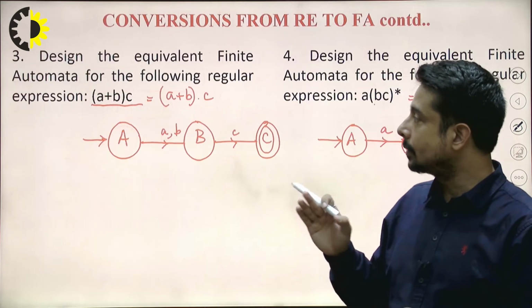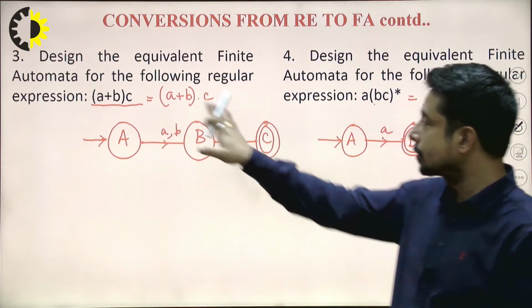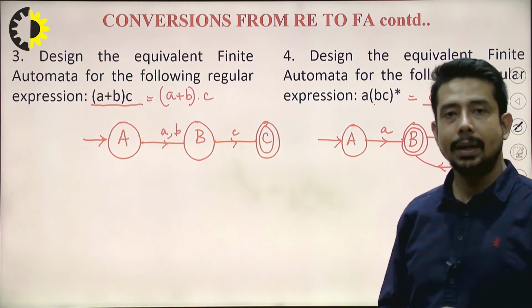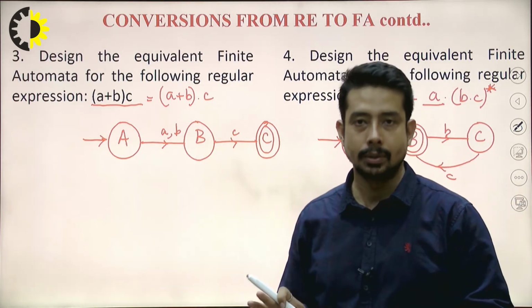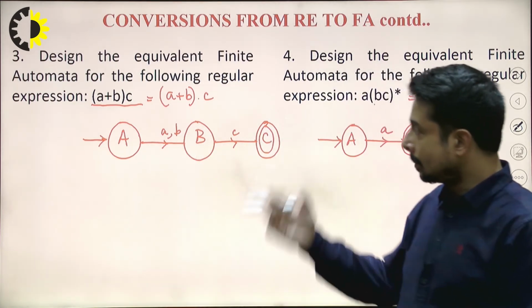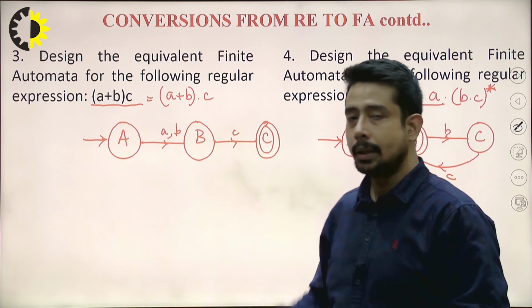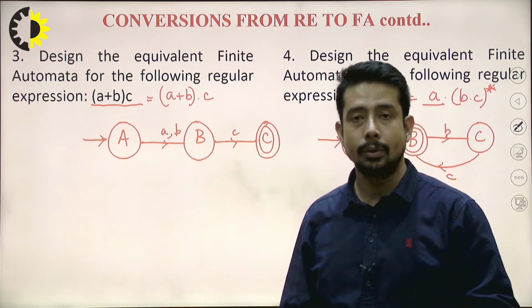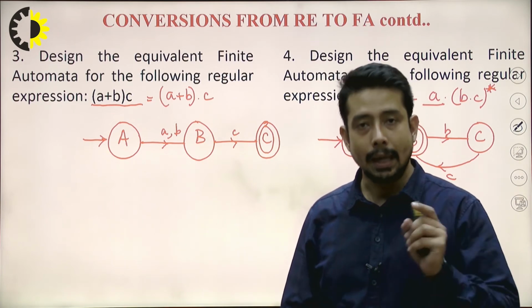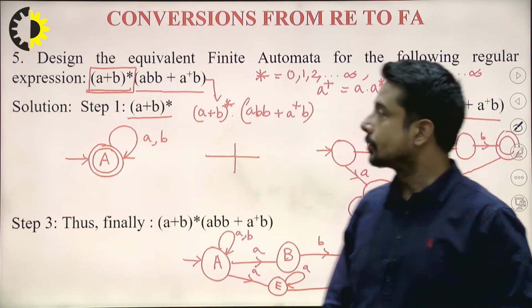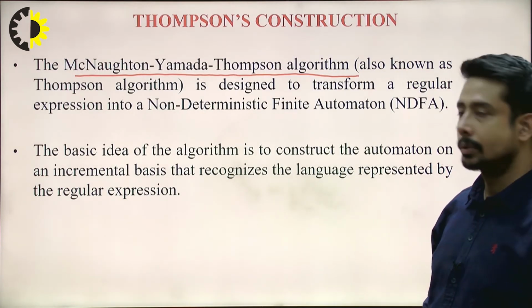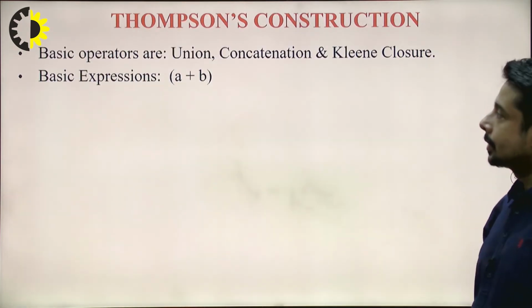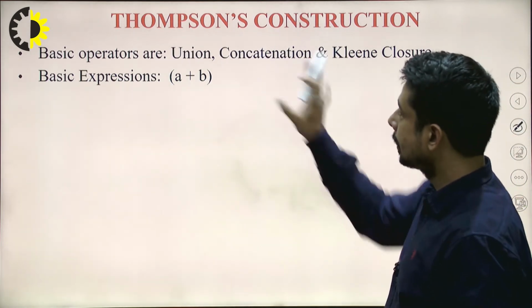Till now we have seen only the conversion of a regular expression to a finite automata, where we are not including any epsilon transitions, correct? But if we include epsilon transitions into the finite automata, that automata becomes what? Epsilon NFA. Clear? So for such conversion, we need to follow this algorithm. Now let's check some of the basic operators and their Thompson's construction.